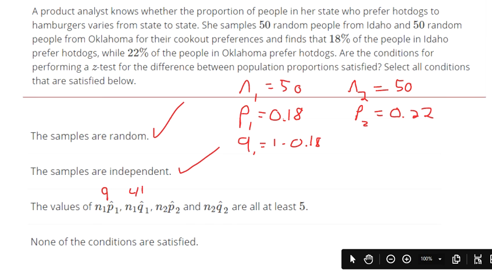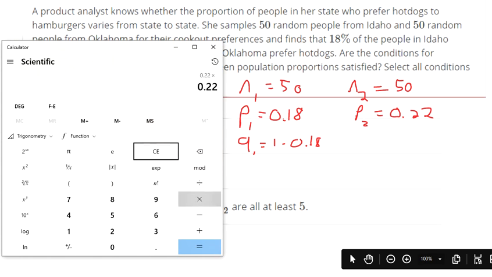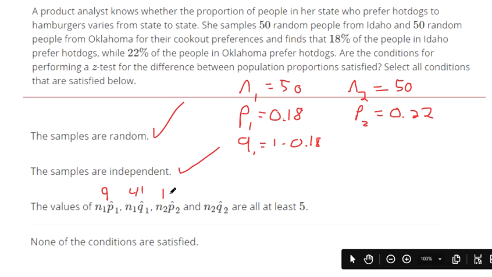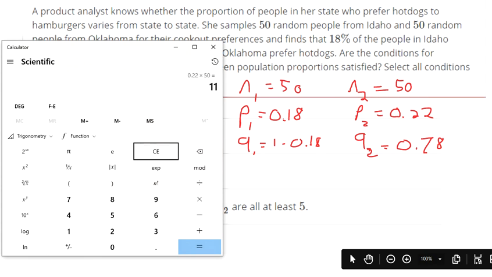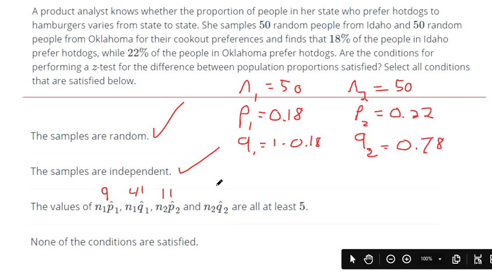And then over here, 50 times 0.22 gives us 11. And then Q2 is going to be 0.78. It's just 1 minus 0.22. So if you multiply those, that's definitely going to be greater than 5. Oh, wait, sorry, I did times P again. That's 39. They're all at least 5. So these 3 conditions are satisfied. Those are the 3 we should check off.